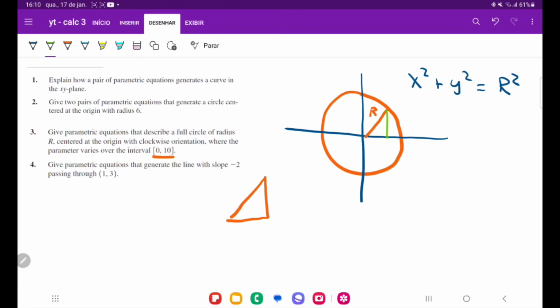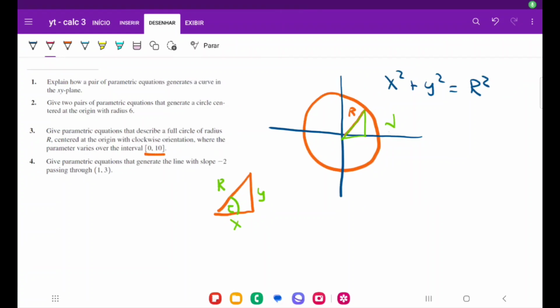If we break this down into a triangle where this is r and this is t. So we want to be able to express x and y in terms of a parameter t. And we're going to treat t as an angle, and then it becomes very easy using trigonometry.